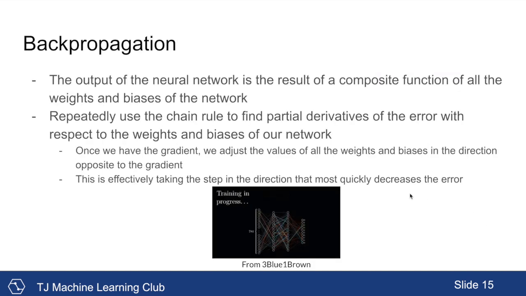And so, what I mentioned before hopefully all makes sense. But one question you may be asking is, okay, how do we actually calculate those gradients? And that's going to be the topic of the next lecture. Basically, there's this really clever algorithm called backpropagation that allows us to take advantage of the chain rule to compute the gradient of the error with respect to all the weights and biases as efficiently as possible, right?